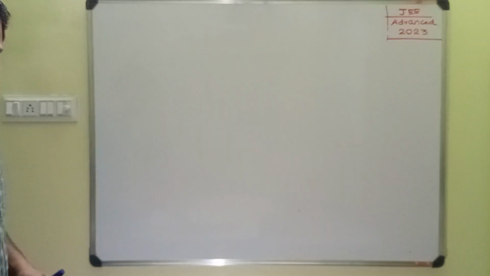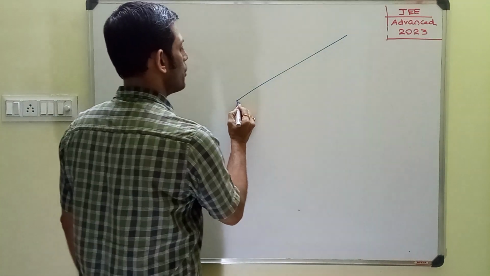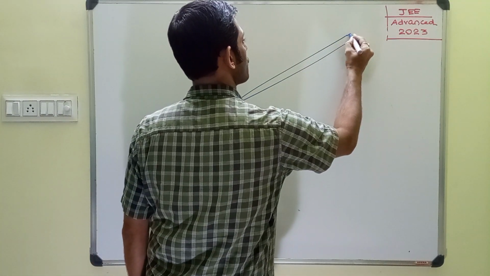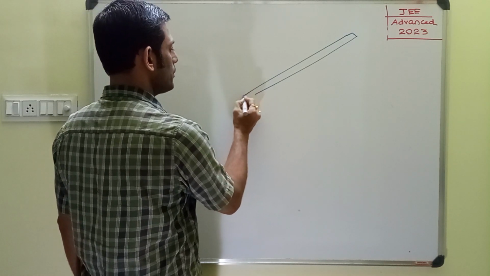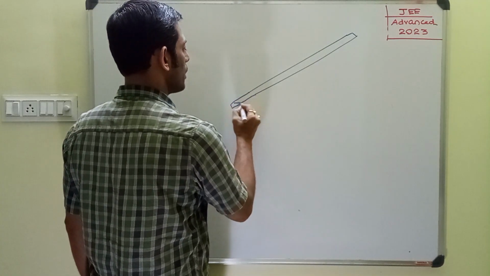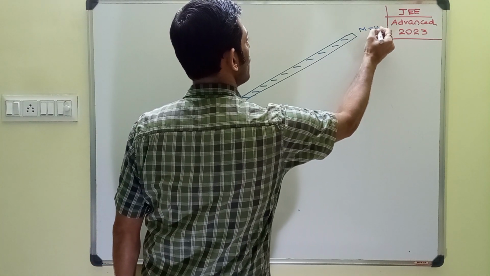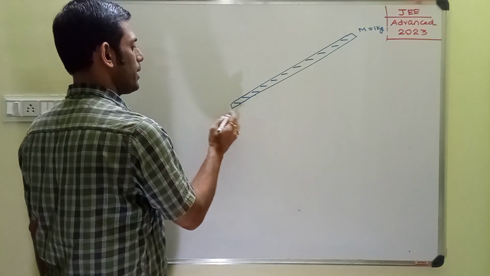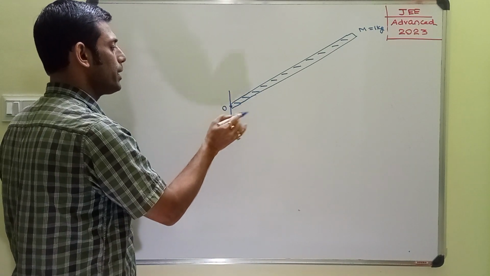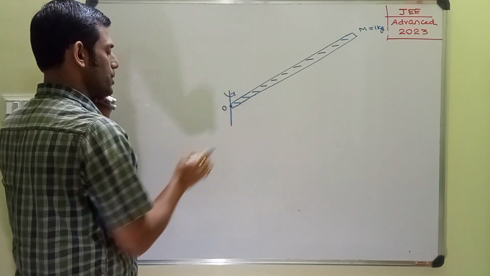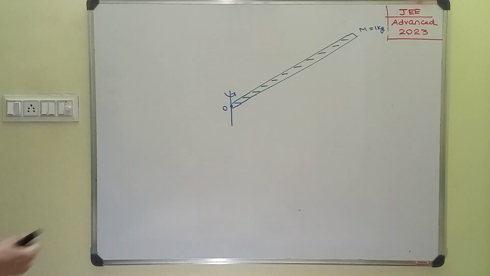Now see this. The rod which is lying on the surface is positioned like this. Let's say this is the rod. Now this rod of mass m equal to 1 kg and length L is pivoted at this point O. It can rotate about this axis, and the length L is 0.2 meters.